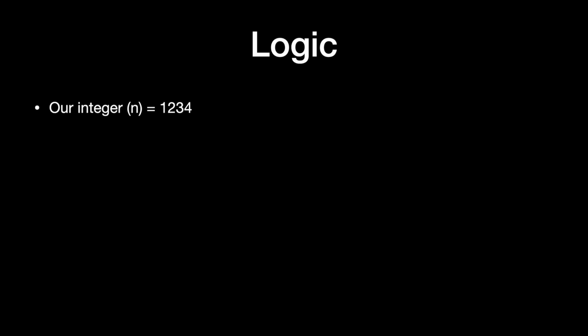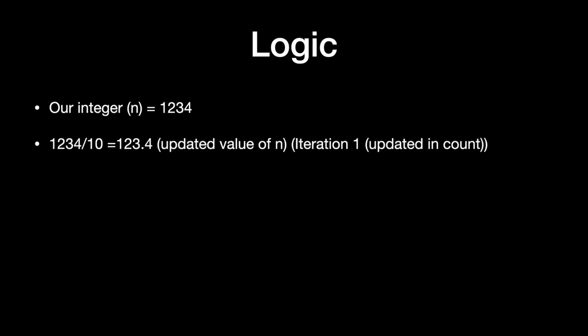Take note, whenever we divide by 10, it will be a float number. But as we're using an integer, Java will just ignore the numbers after the decimal and keep only the whole part, and keep dividing until we reach the specific condition. So let's do it. In our first iteration, as I mentioned before, we divide it by 10.